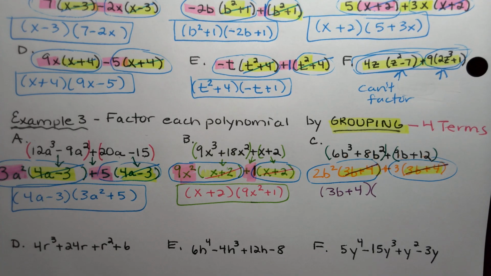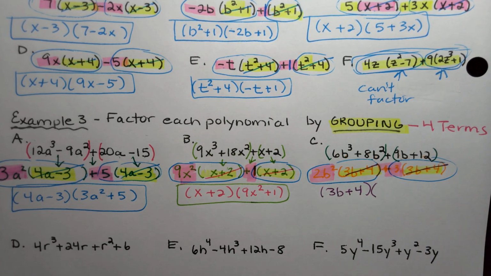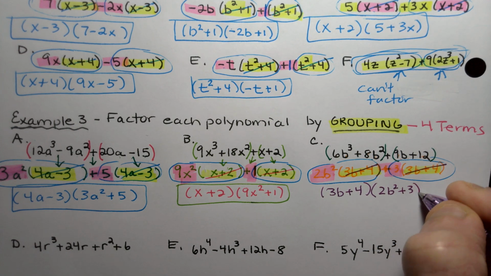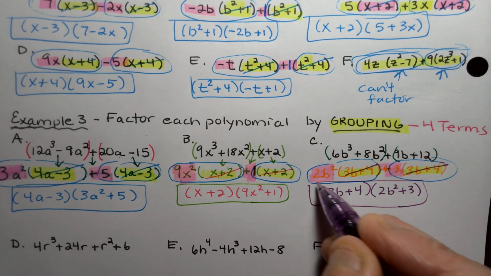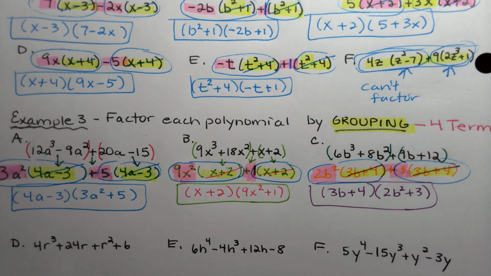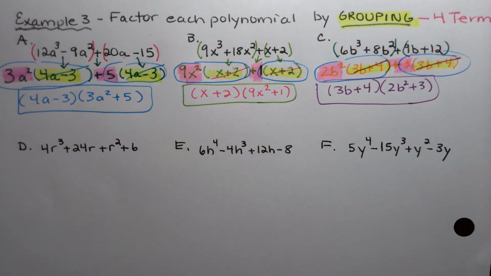Well, what's left? That's a good question. What is left? 2b squared plus 3. Kind of blends in there, but 2b squared plus 3. By golly, you're factoring, people. All right, a few more. I know these are hard. Repetition is great for this kind of stuff.